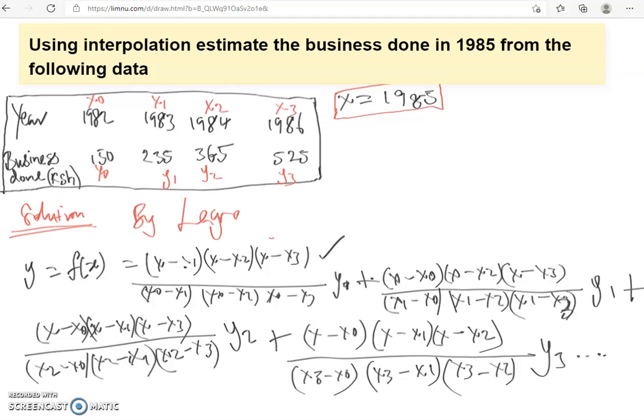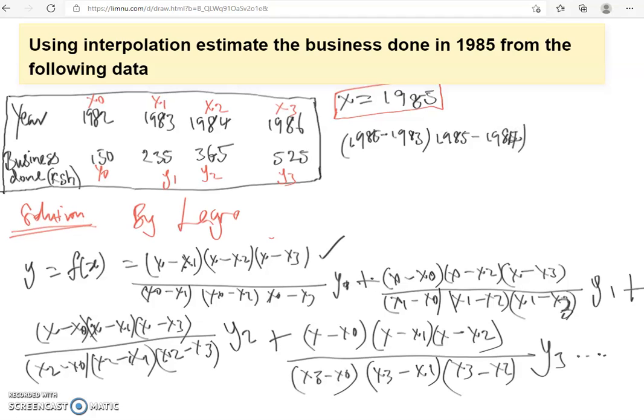This will be x minus x1. We know that x is 1985, x1 is 1983. So this will simply be 1985 minus 1983. And this is 1985 minus 1984.